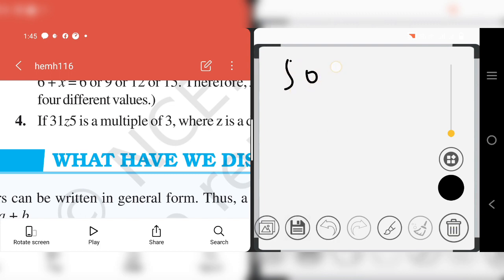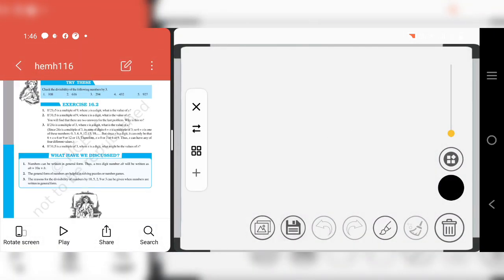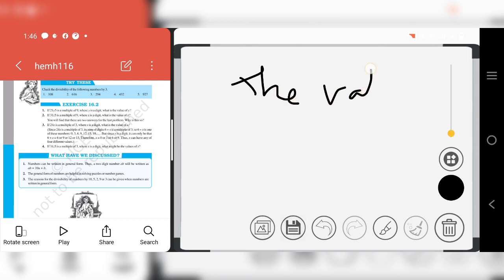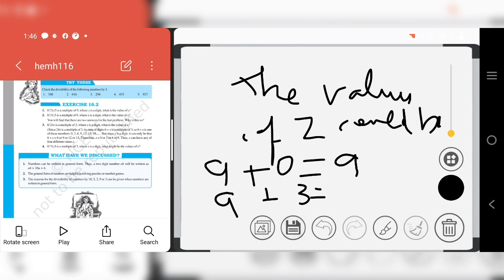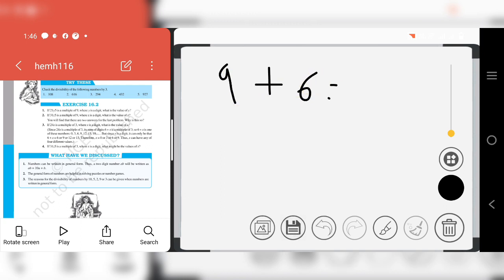So 31z5 is equal to 9 plus z. The values of z could be 9 plus 0, which is 9, 9 plus 3, which is equal to 12, 9 plus 6, which is equal to 15, 9 plus 9, which is equal to 18.